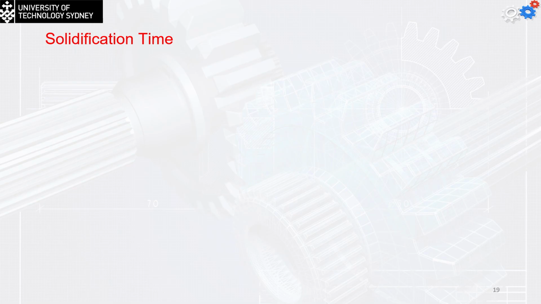Now, the solidification time is something very important. Usually, we don't want to keep things waiting for solidification for a long time. At the same time, we don't want it to pre-solidify. So there's a time to be calculated, and this will be a part of your design as an engineer.